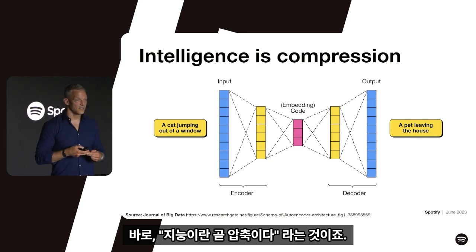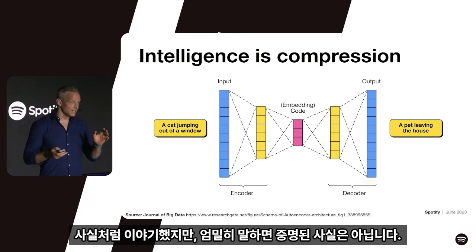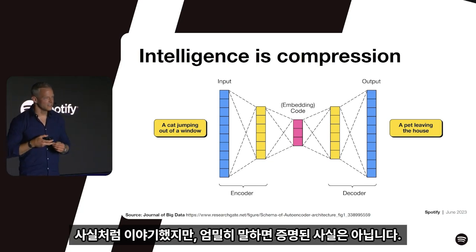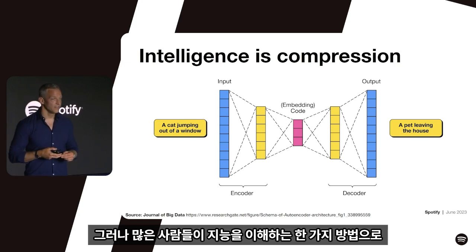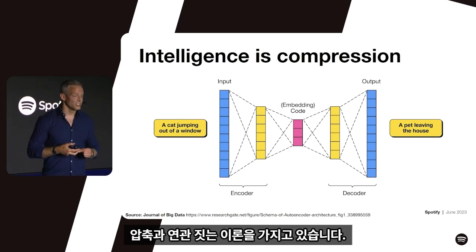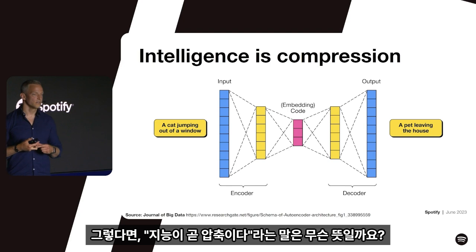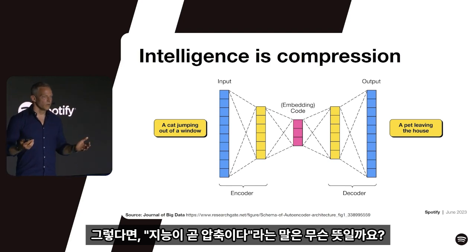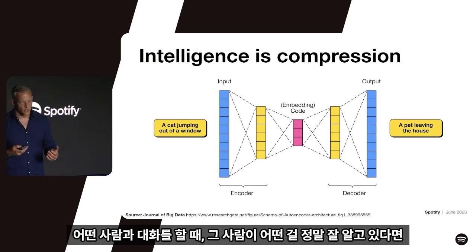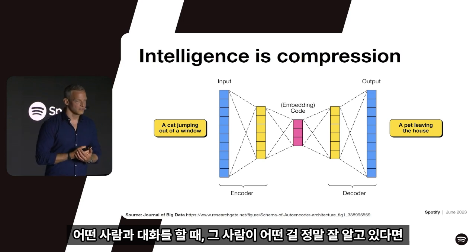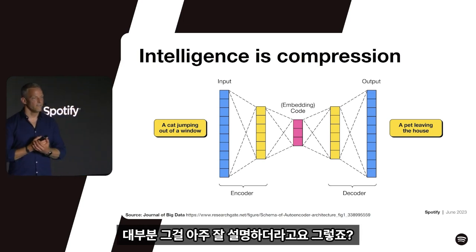Intelligence is compression. Now, this is stated as a fact. It's not a proven fact, but it is a theory that a lot of people have, that one way to think about intelligence is as compression. What do I mean with that? Well, back to intuition. If you speak to someone who knows something very well, they're usually very good at explaining it, right?